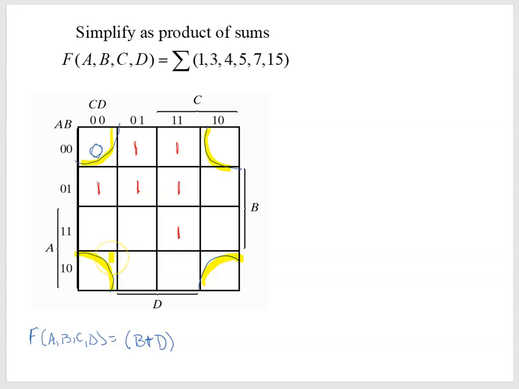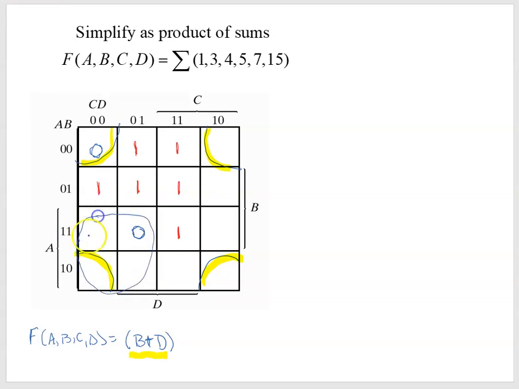Let's look at what we can cover next. That's this one here. If we look at this one, it can be covered by these 4, and that's the only way for it to be covered by 4 cells. So we'll use that, and let's circle it.